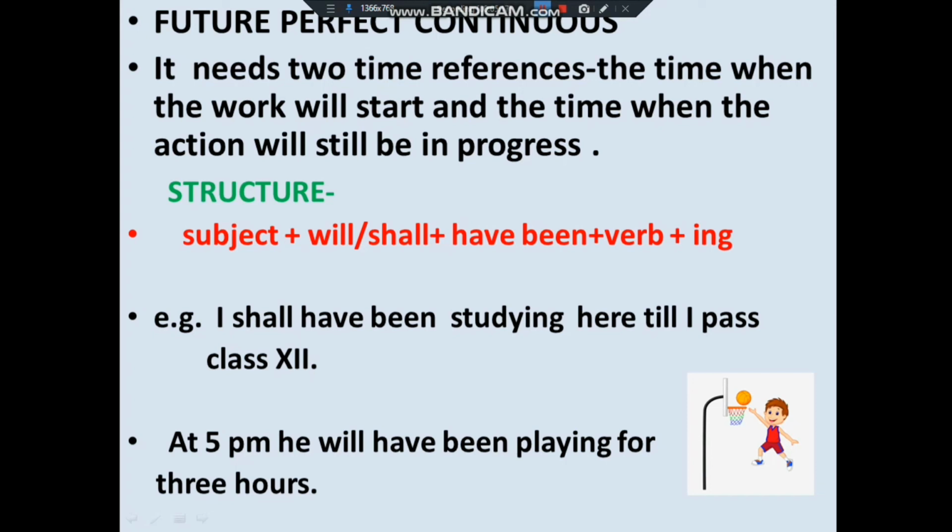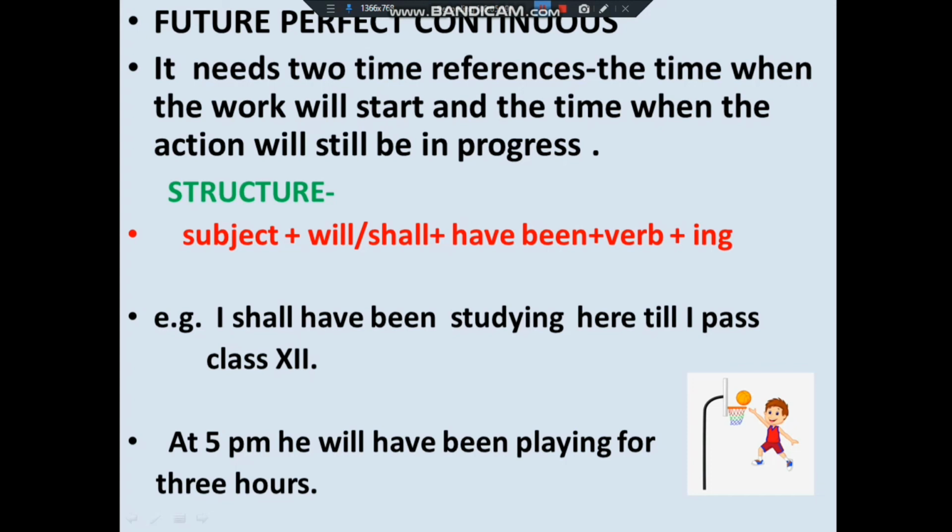So the action is already started. I have been studying here, but up to when? Up to class 12th, up to that time duration in the future. We are predicting about the future that up to class 12th, I will be here only. I have been studying here. Now move to the next sentence.